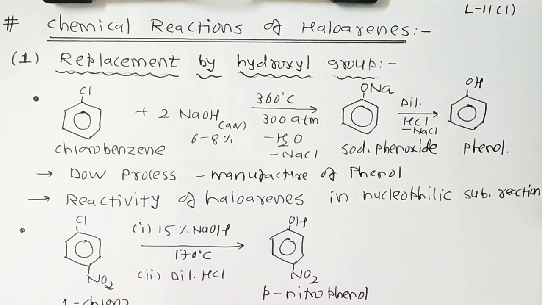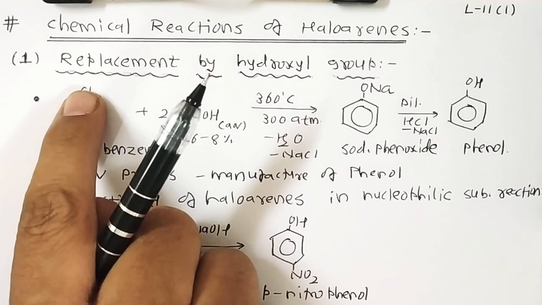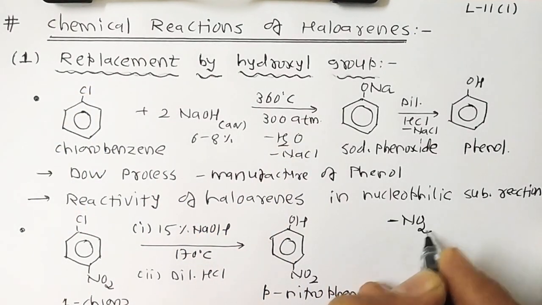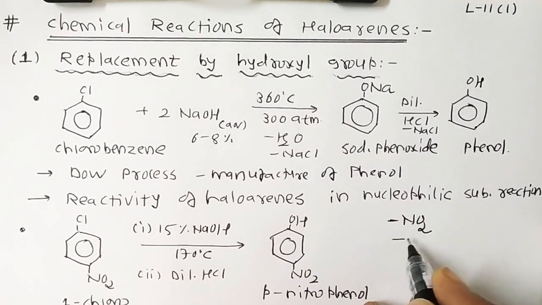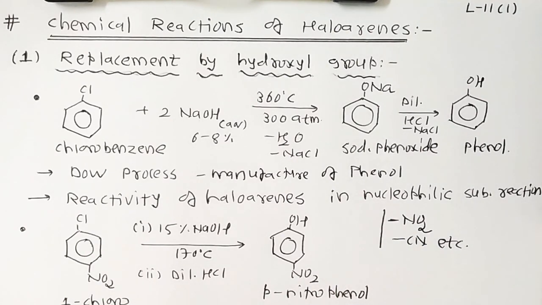However, it has been observed that the presence of an electron withdrawing group matters. If we introduce an electron withdrawing group in chlorobenzene, for example a nitro or cyano group, which we discuss in our hydrocarbon lesson as meta-directing groups, these are electron withdrawing groups.